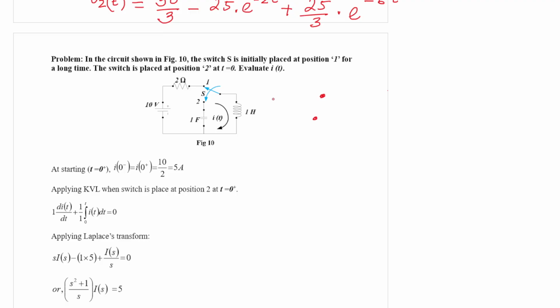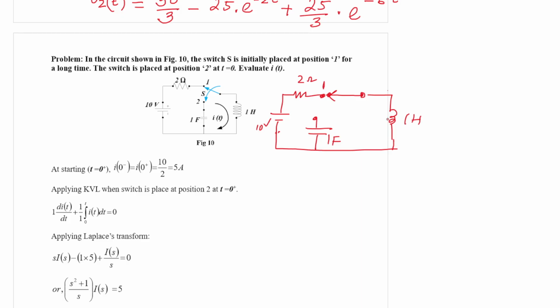Initially the switch is at position 1 with a 10 volt source and 2 ohm resistance, and this has been done for a long time. At position 2 we have connected a capacitor of value 1 farad. This capacitor is isolated from the rest of the network, so there should not be any initial charge across that capacitor.